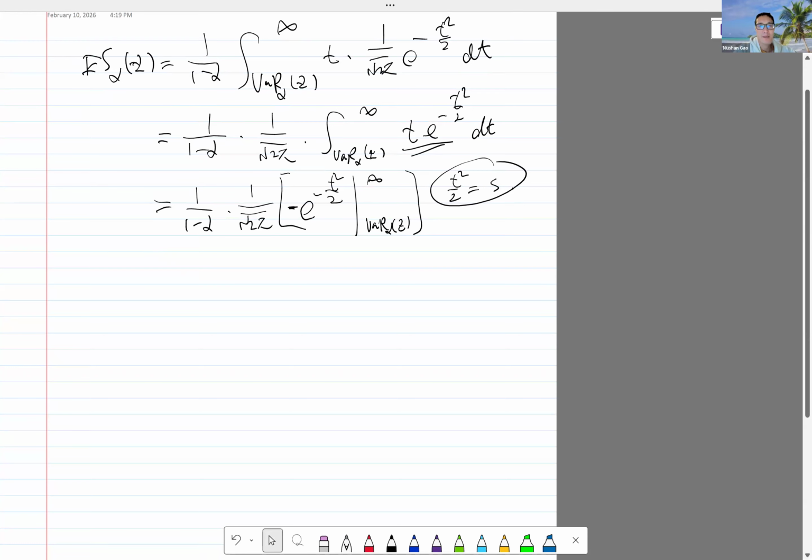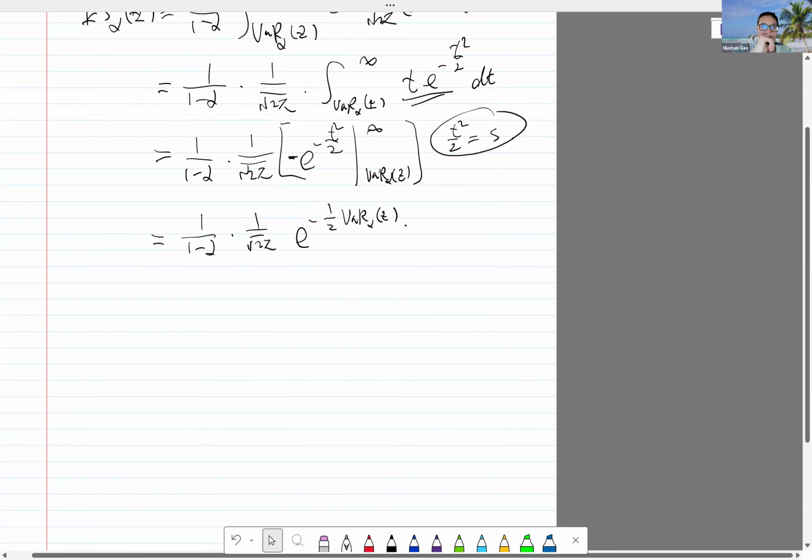Let me check whether it is correct. Yes. So if you do it, it will be minus a half of value at risk of Z squared.